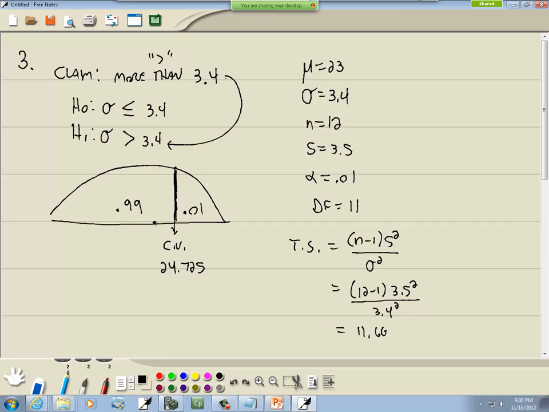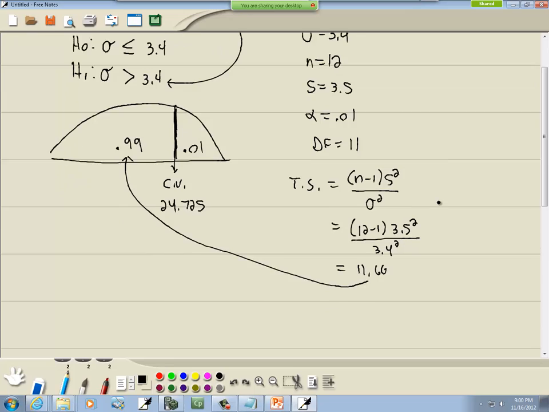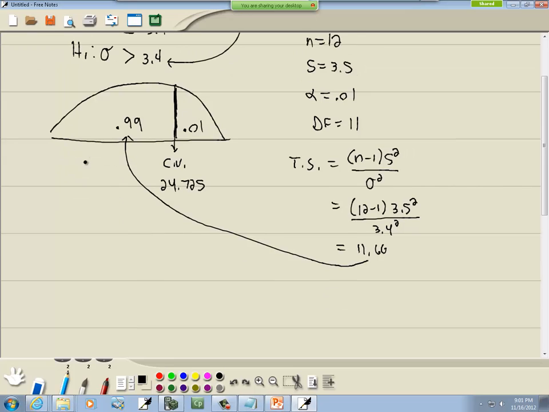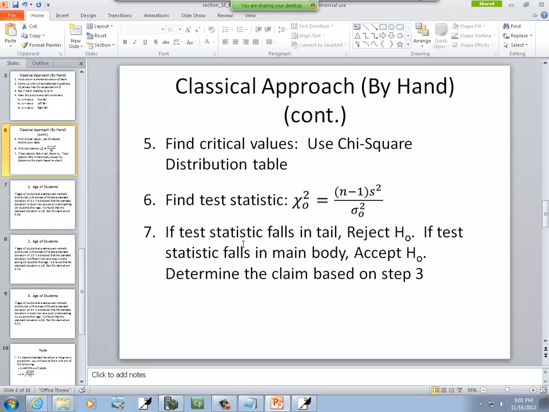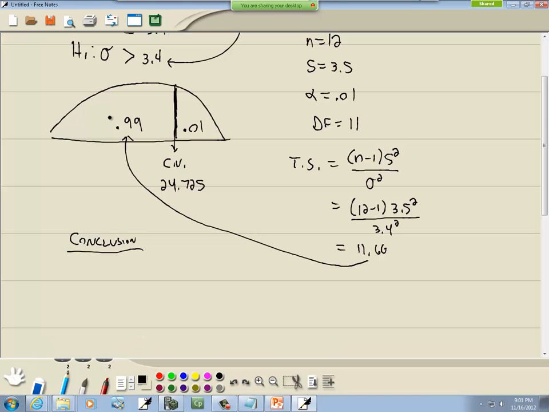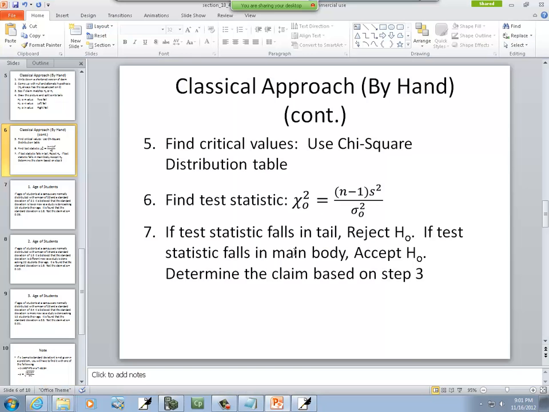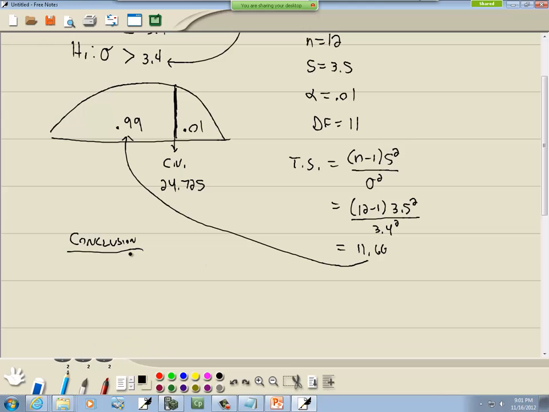Here's a number line. Here's 24.725. 11.66 would fall over here. So for a conclusion: if the test statistic falls in the tail, well, this is the main body. If the test statistic falls in the main body, accept H naught.